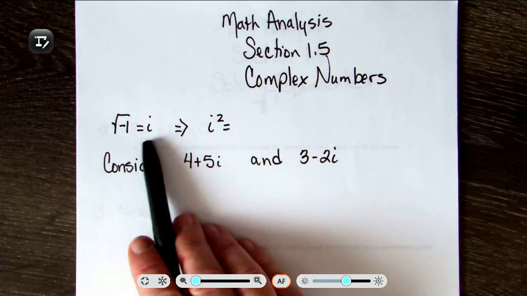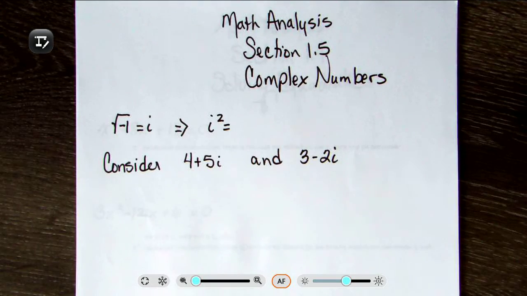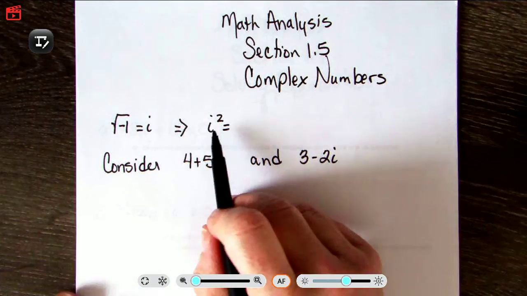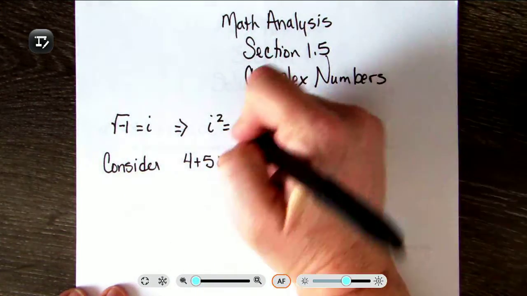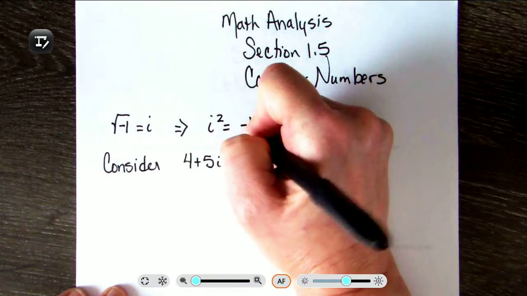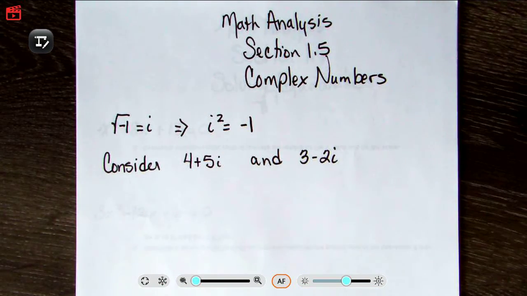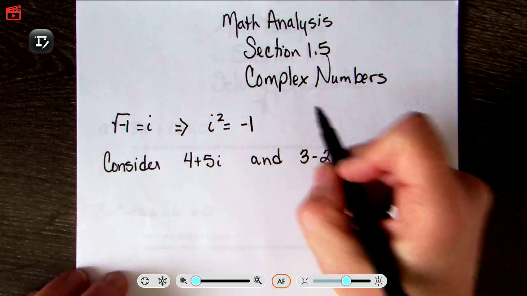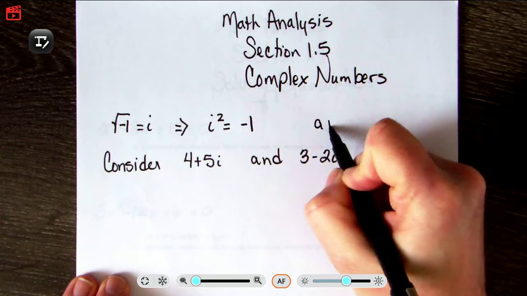Well, if i is that square root of -1, that means that i squared is, squaring both sides, just -1. We're going to need that fact when we start using these numbers. So a complex number is of the form a plus bi.